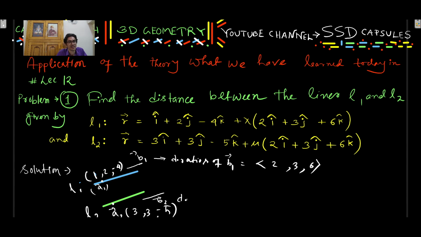The direction ratios of B2 vector are 2, 3, 6.